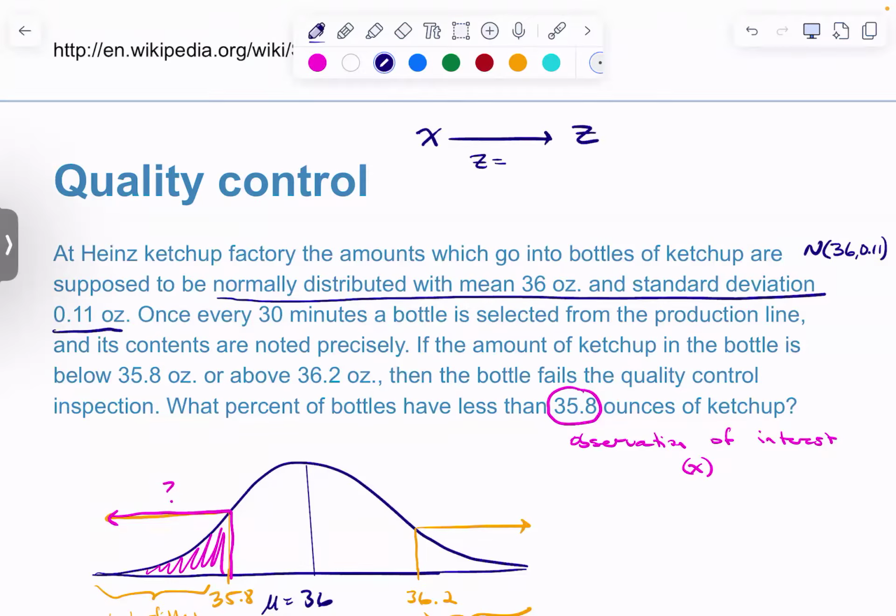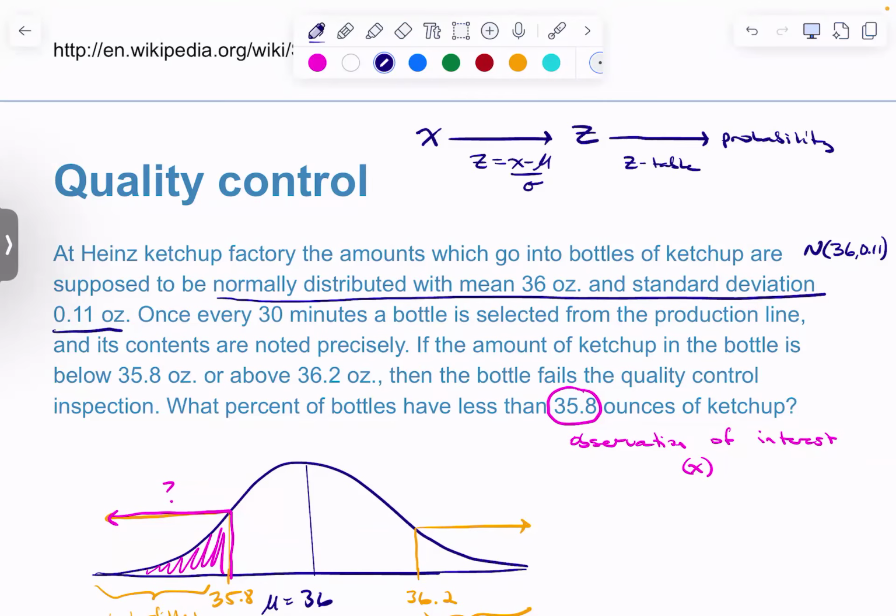You use Z equals X minus mu over sigma. So you plug in your X, your mu, and your sigma, and you calculate Z. Once you have a Z, then you can get to a probability using the Z table. You need a Z to use the Z table, but from the Z table, you can find the probability.